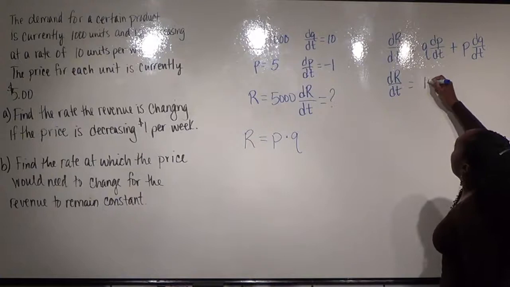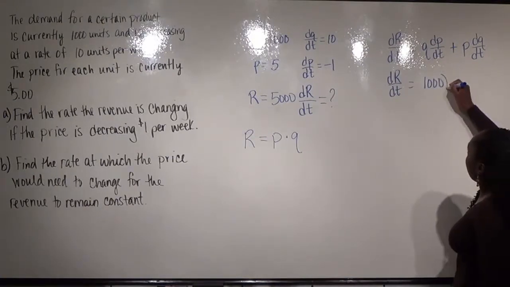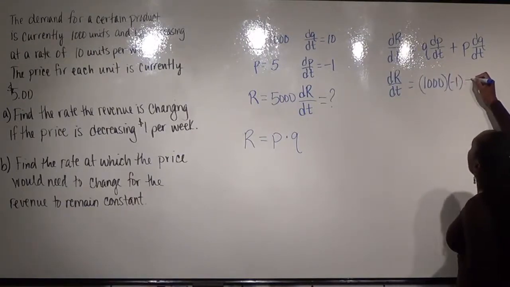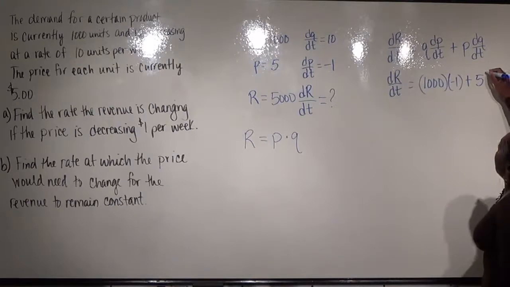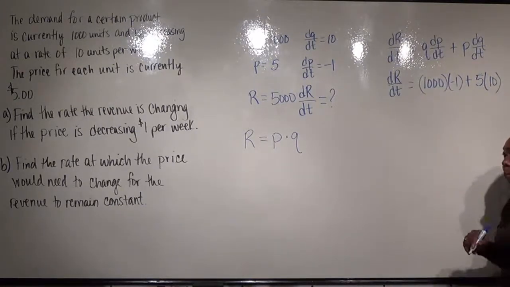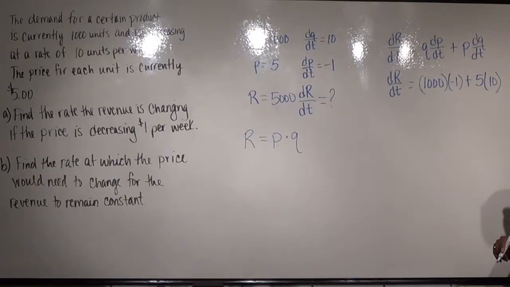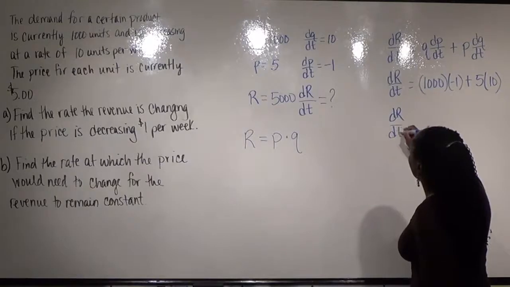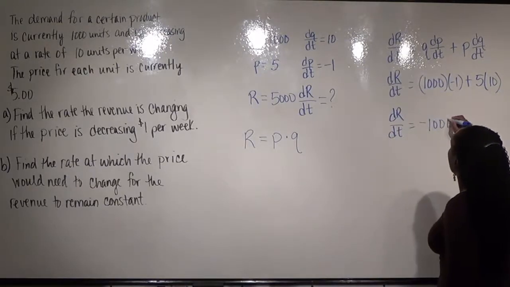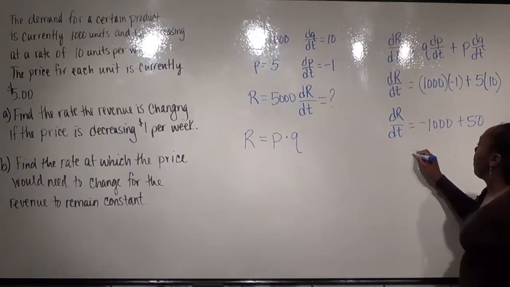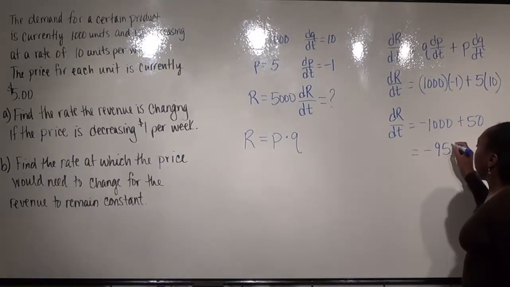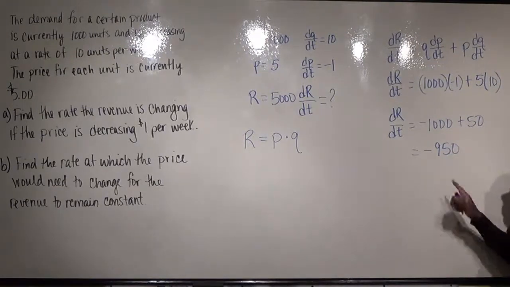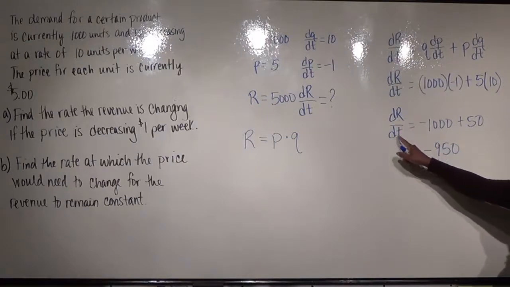Q we have, Q is 1,000. Plugging in our variables, dP/dt is -1, P is 5, and dQ/dt is 10. So looking at this together, dR/dt is going to equal -1,000 plus 50, or -950.